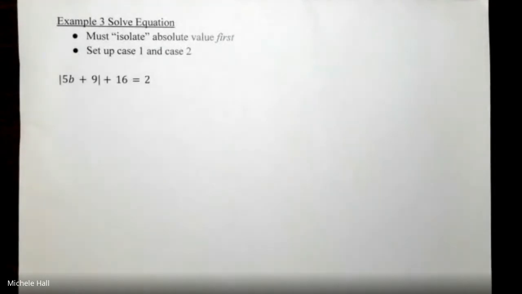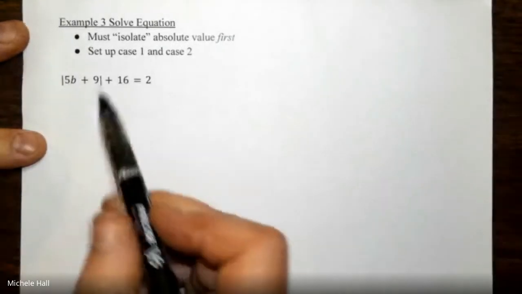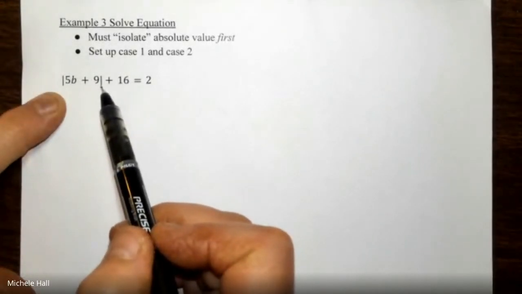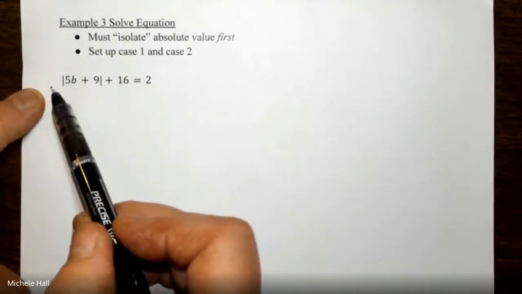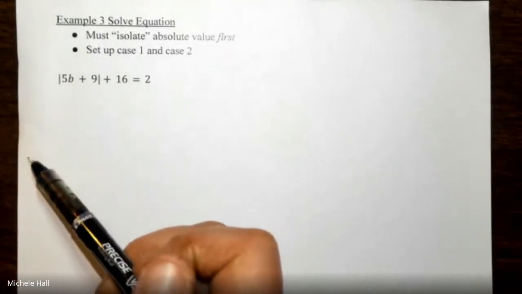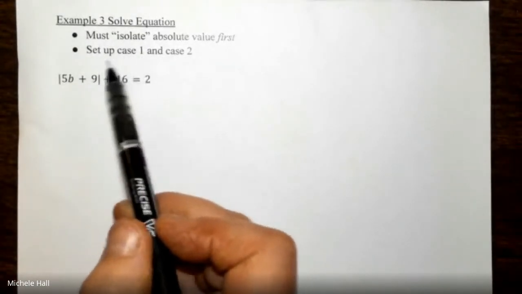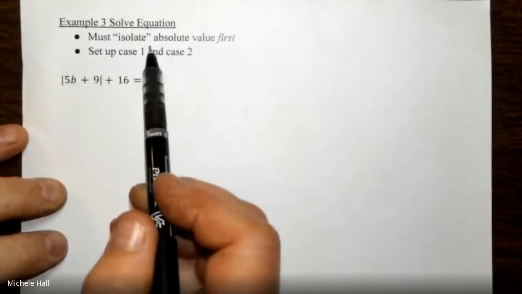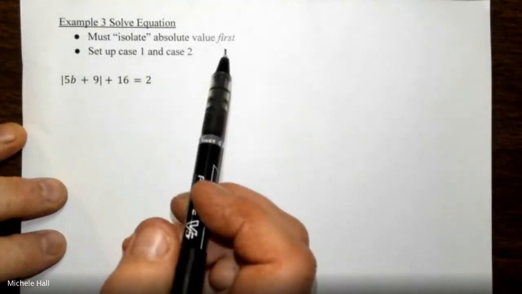All right, the last thing that we have to do for solving absolute value equations is what happens when I see something that's being added or subtracted outside of the absolute value? What if something was being multiplied to the absolute value? Before you can set it up into case 1 and case 2, you must isolate the absolute value first.